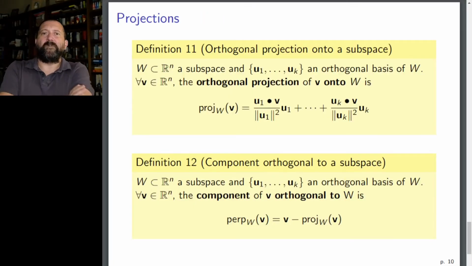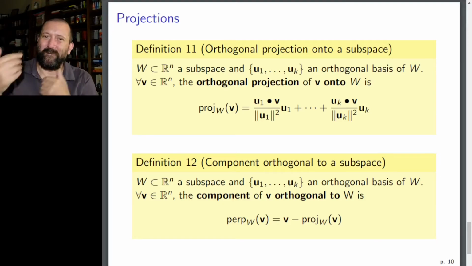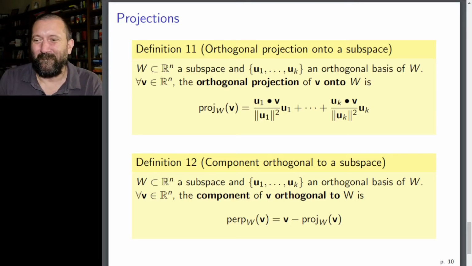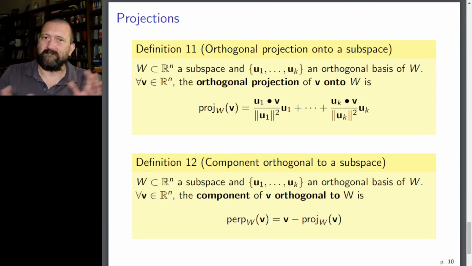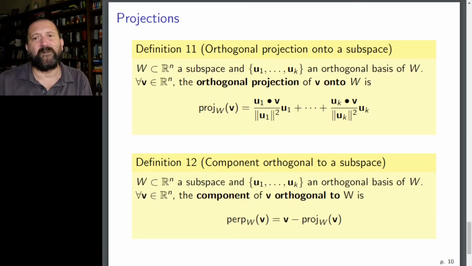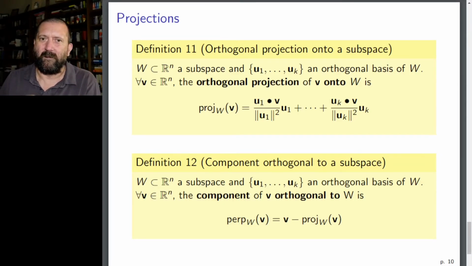Okay, so before we get into the meat of the problem, let me go back to projections, because we're going to be using projections. We actually talked about them in the past, and I had given the definition of the orthogonal projection, I believe, but I had not given the component of a projection.